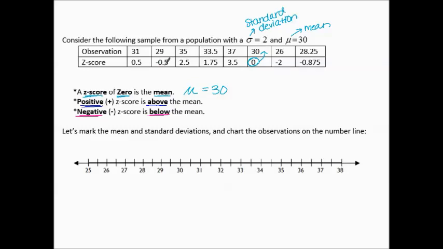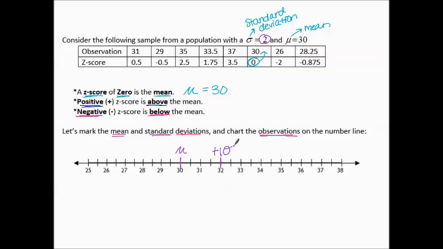So let's go ahead and mark the mean and the standard deviation and chart the observations. Again, the observations are the specific data points on the number line. Let's first mark our mean. Our mean is here at 30. I know one standard deviation is 2, so if I add 2 to 30, I'm at 32.